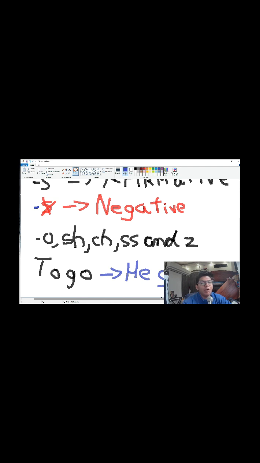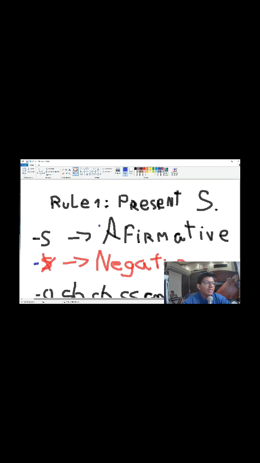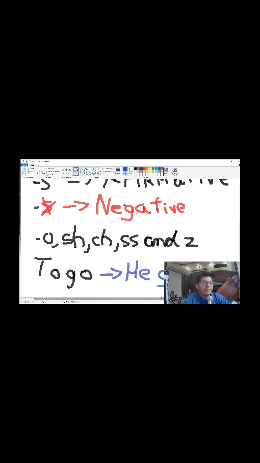In the third person, it will become he goes. Why goes? Because it ends in o and es is added according to the rule. Okay. This is rule number 1 of the present simple sentence.